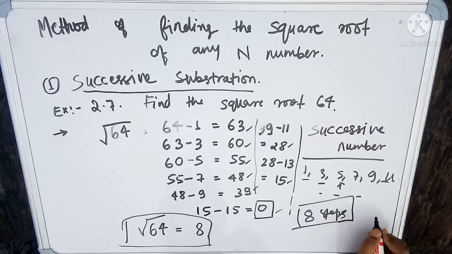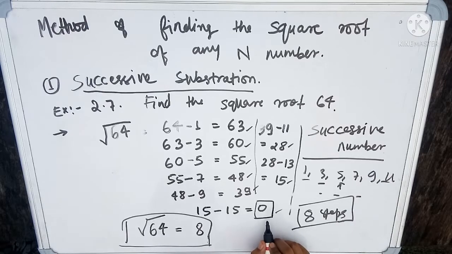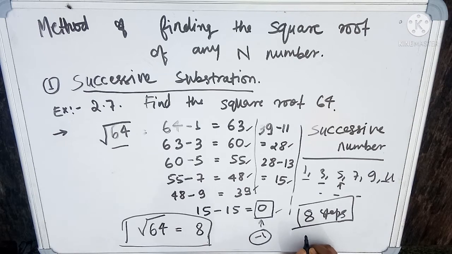Now the question that comes here is, what happens if we subtract the successive numbers and we get a negative number in place of 0? In that case we can say that the number is not a perfect square, and the square root of that given number will be in decimal form.